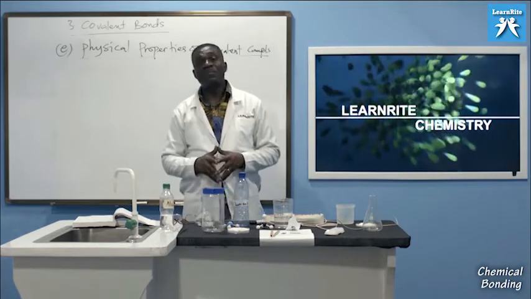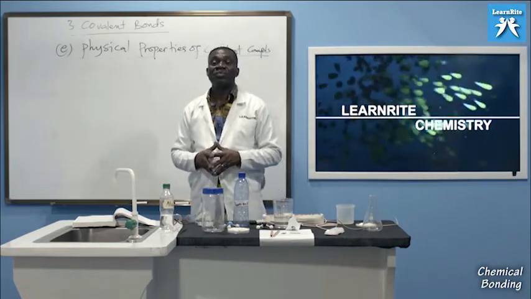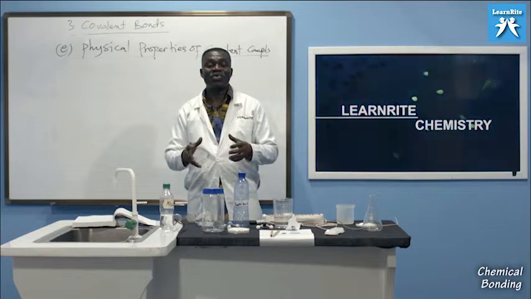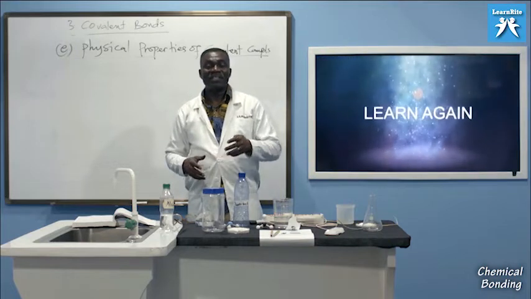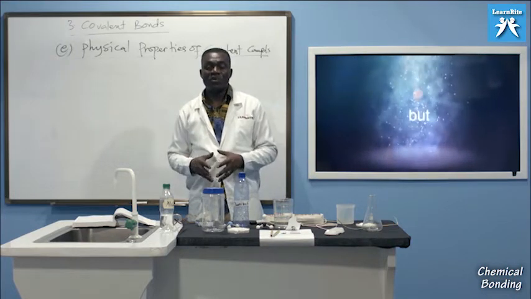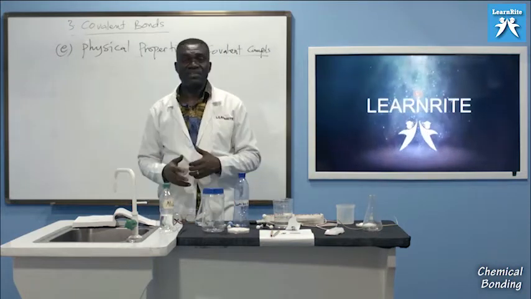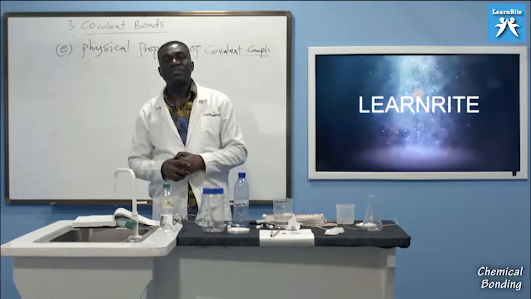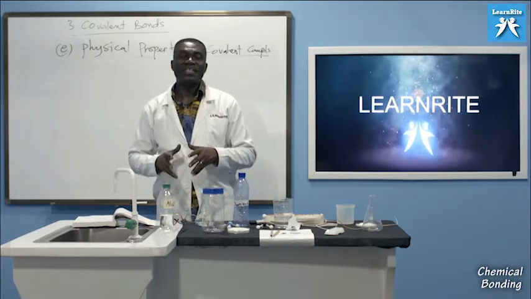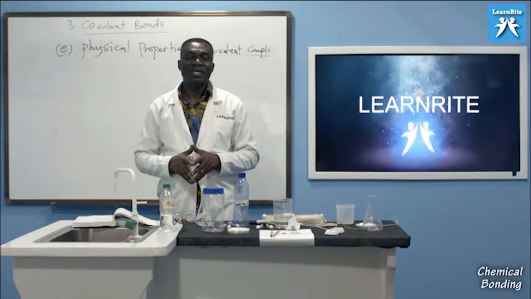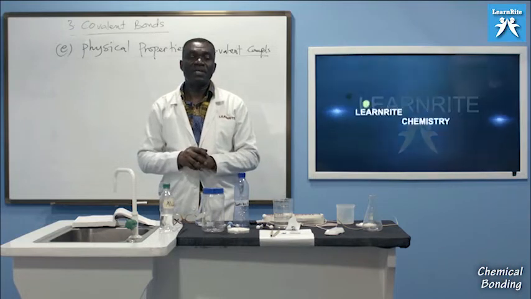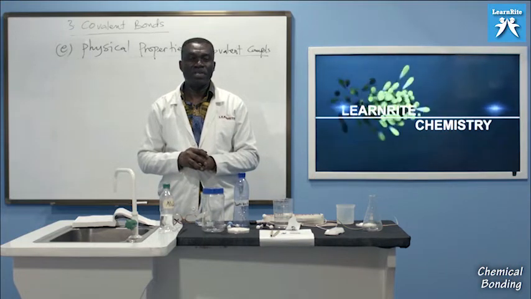We are not done with covalent bonding yet. We are still going to go on, and then we'll look at the intermolecular forces. But before we look at the intermolecular forces, we are going to look at what we call continuity of bond types. And after that, we'll look at intermolecular forces as the last part of the topic, covalent bonding.